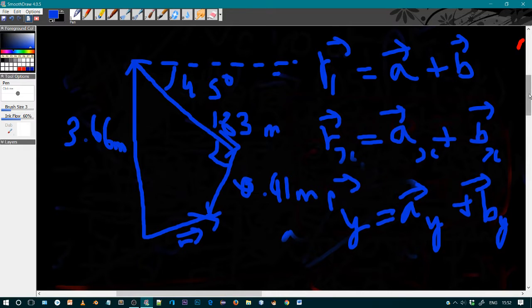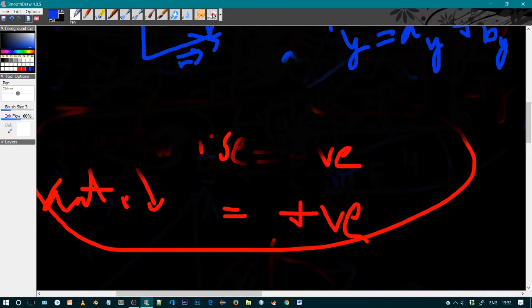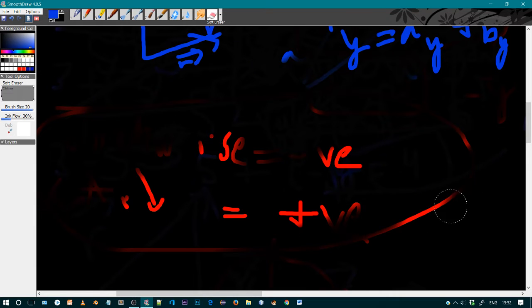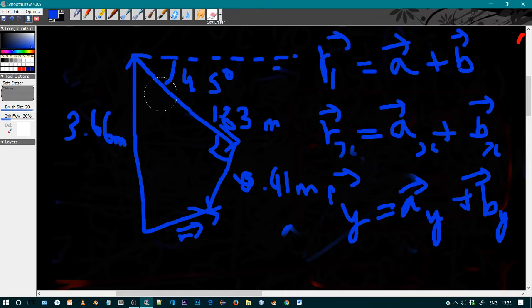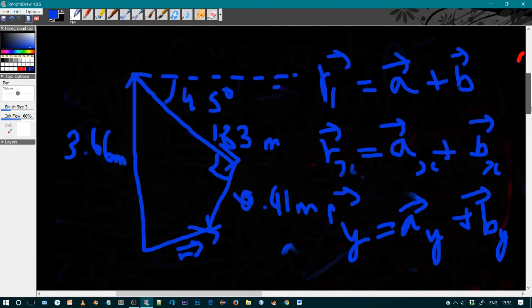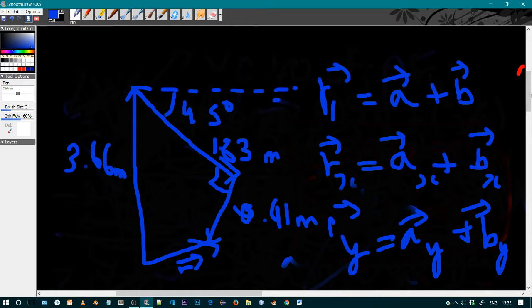So this is the principle which we would be using in this question: we break each vector into its components, and we add these components to find the net x component and the net y component. Then we use the basic Pythagoras theorem to figure out the resultant vector.